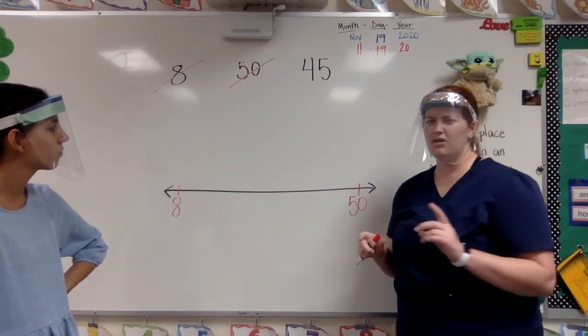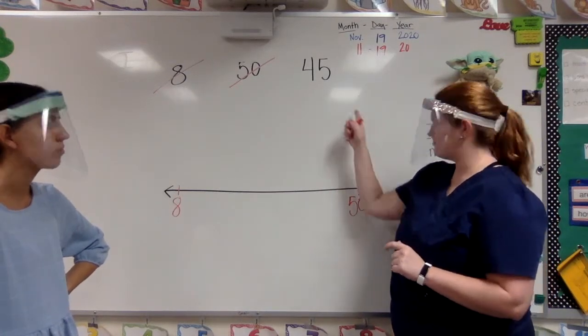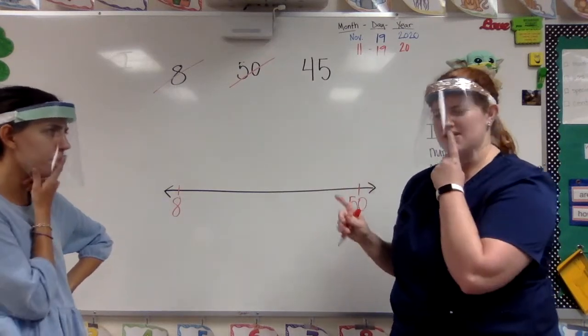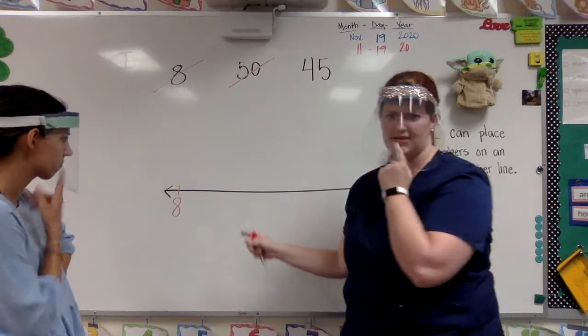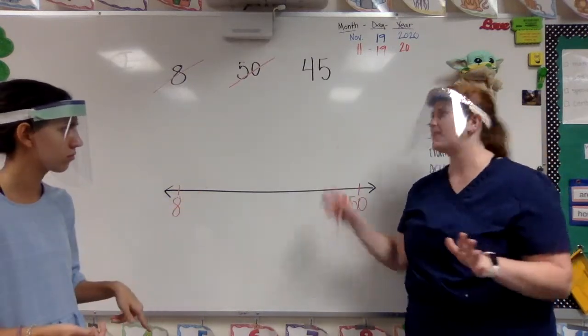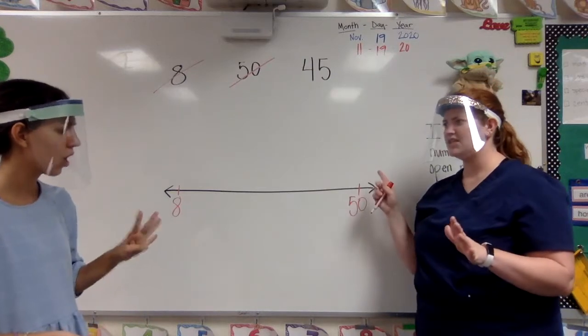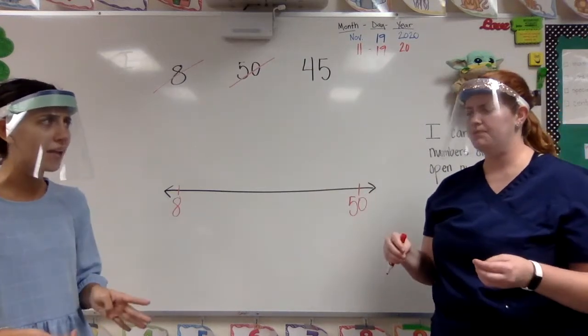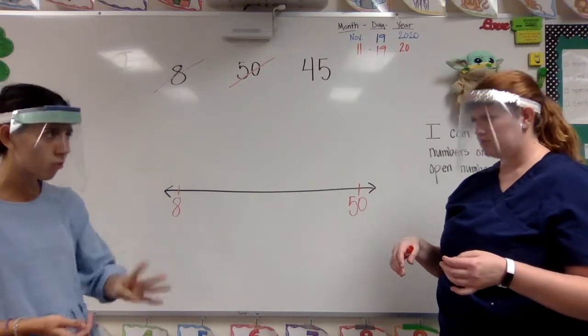Okay. Well, I need to compare this number's tens to these tens, right? Right. Okay. Well, 8 had 0 tens. 50 had 5 tens. And this number has 4 tens. Well, 4 is before 5. So when I count, I go 3, 4, 5.